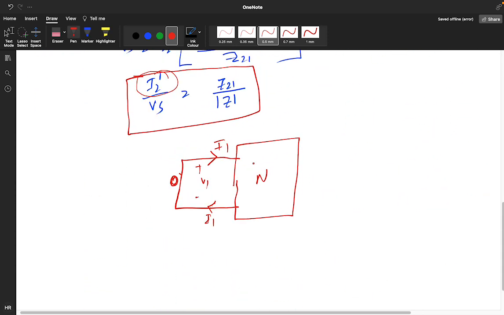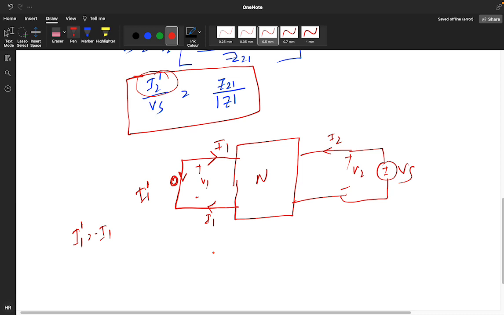This we can make I1 dash, so I1 dash will be equal to minus I1, because the position is different. This is I2, positive negative V2. Now you connect positive negative V of S. So your V2 is V of S, your V1 is equal to 0, and your I1 is equal to minus I1 dash.